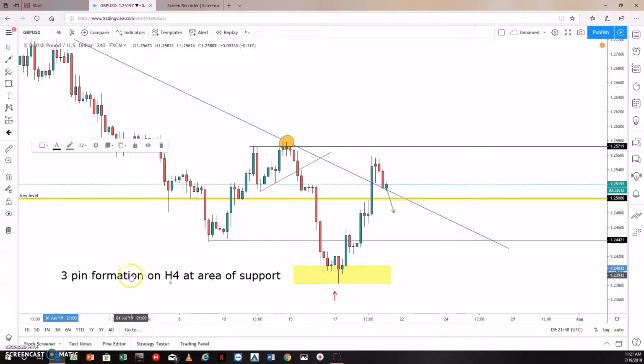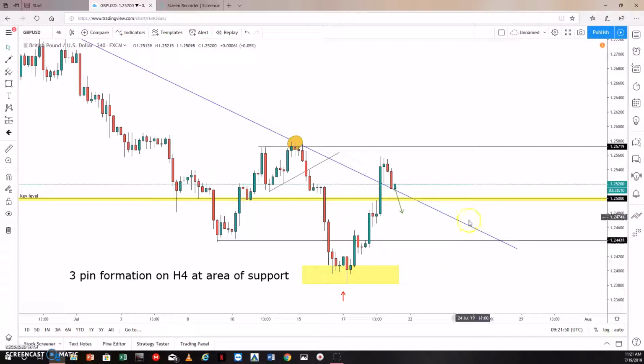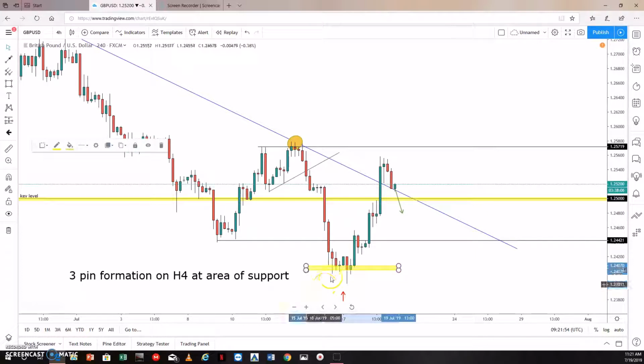It was a 3 pin formation at an area of support, and also none of the spikes, none of the bodies of the candles closed below this area here, saying that there's a lot of price reversal. We also had some nice reversal candlestick formations: a hammer there, spinning tops, another hammer, and another spinning top. So basically telling us that price is exhausted.